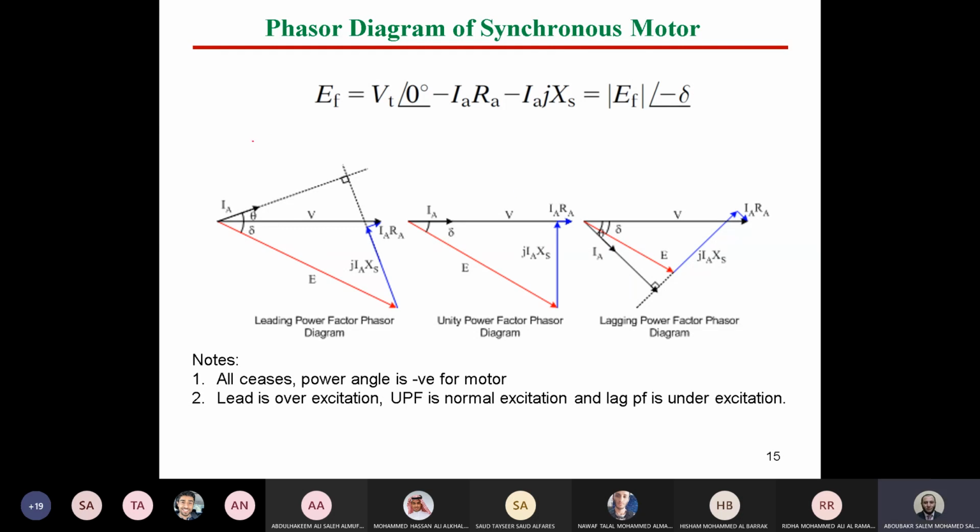In order to memorize that, we can just write these three words: over, generator, lagging. Just these three words.